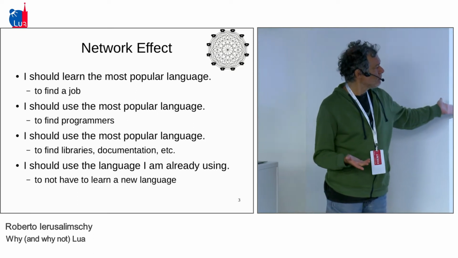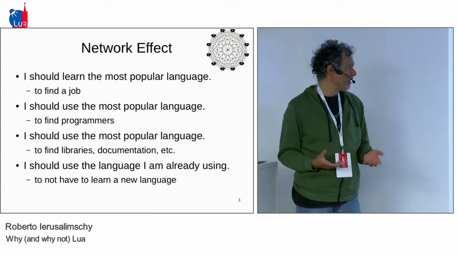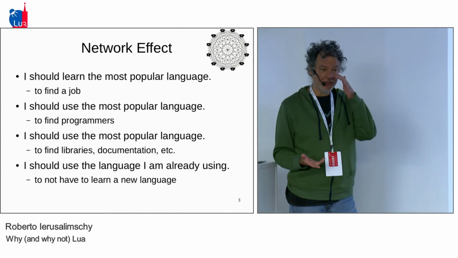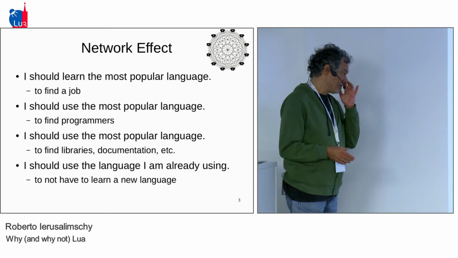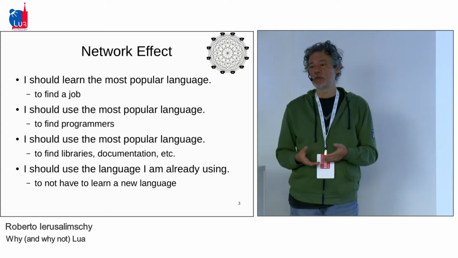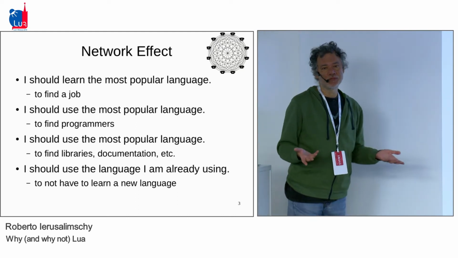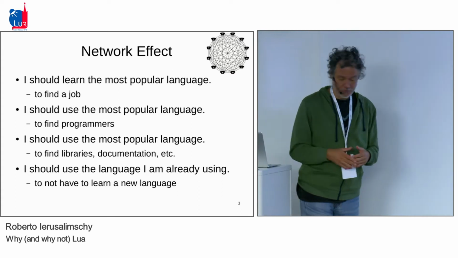And I should also use the most popular language because it's easier to find libraries, tools, documentation, etc. And the final point, I should use the language I'm already using because it's easier. I don't have to learn another language, so it's much more comfortable.